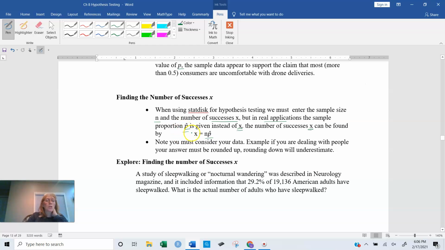It doesn't matter, it still works. Consider your data. For example, if you are dealing with people, your answer must be rounded up. So if it comes up with 106.1 people, we have to round up to 107, otherwise we will be underestimating because you can't have part of a person. So make sure you look at your data and what kind of numbers you should get.